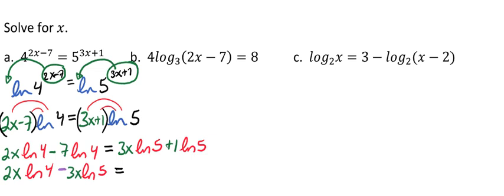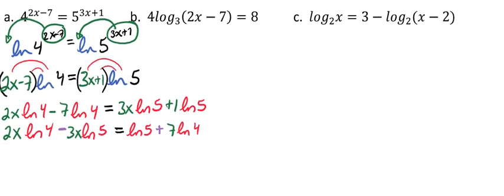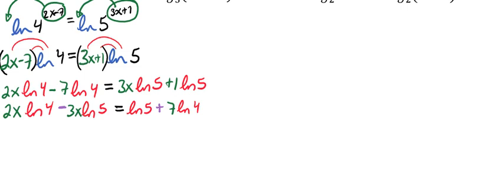Then on the other side, I'm going to have 1 times the natural log of 5, so I'm just going to write natural log of 5, because 1 times that is that. And now I am adding that 7 times the natural log of 4 to the other side. So I have them in the same sides.